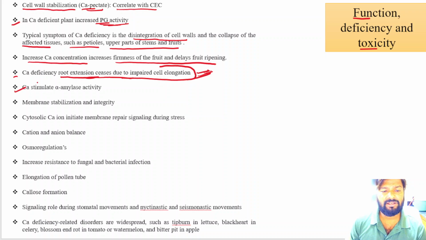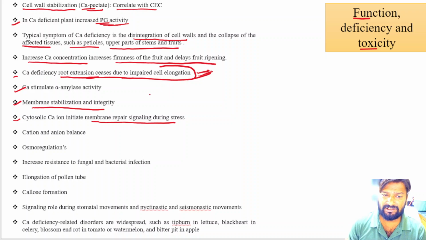Okay. Calcium also stimulates the alpha amylase activity. Also, it improves the membrane stabilization and integrity, already discussed. Cytosolic calcium ion initiates the membrane repair signaling during the stress, okay? So this cytosolic or free calcium initiates the membrane repair signaling.